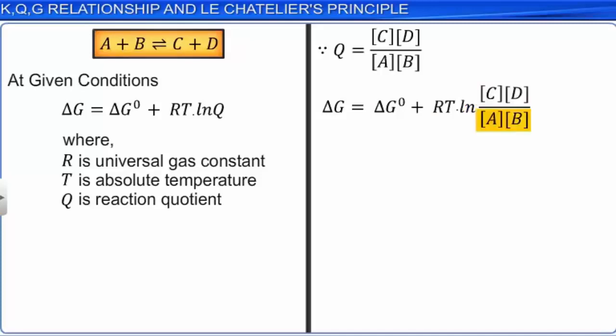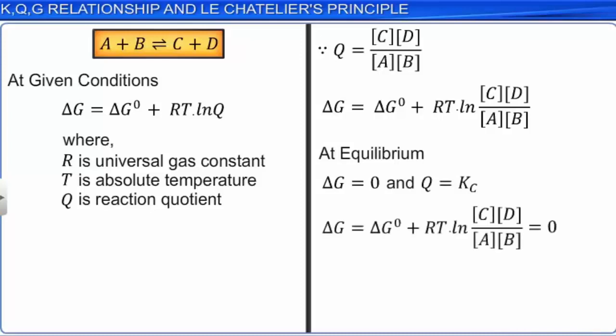At equilibrium, when delta G is equal to 0 and Q is equal to equilibrium constant Kc, the equation becomes delta G is equal to delta G naught plus RT ln Kc is equal to 0.